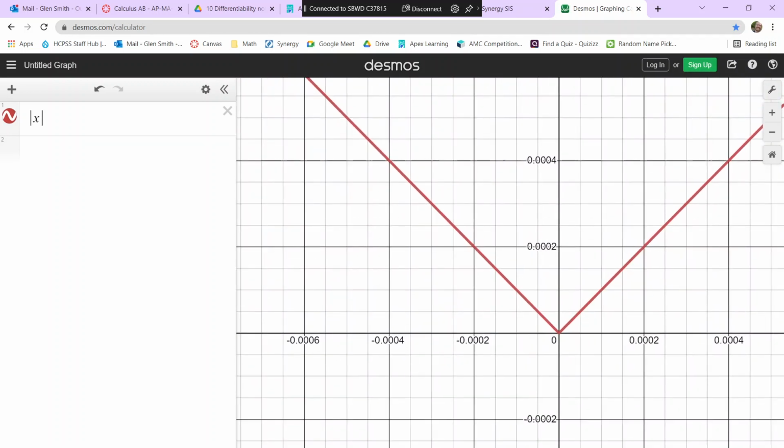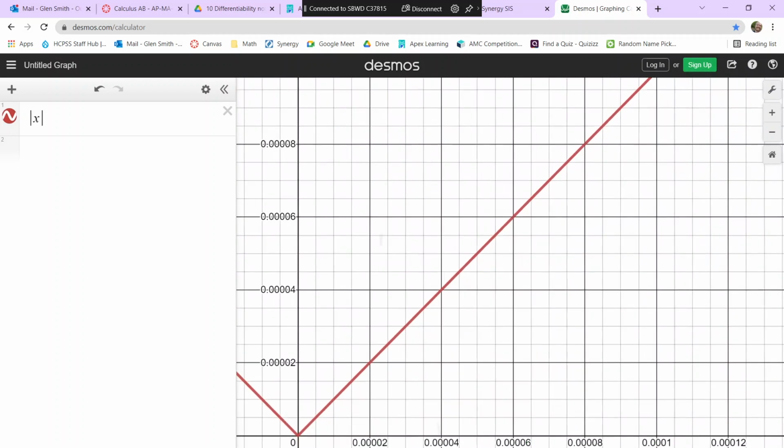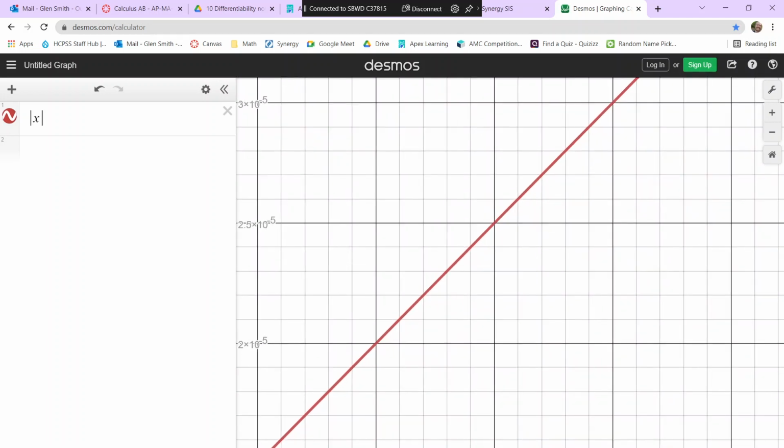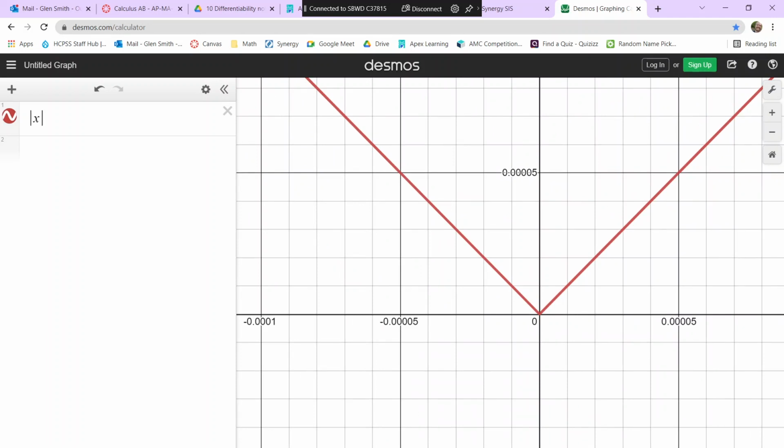You see how that's called a corner. We'll explain that in a second too. But that's what I mean by something not being differentiable, or not looking like a line when you zoom in on it. Now notice this. If I zoom in on a point close to 0, eventually, does that look like a line? Yes. So this function is differentiable everywhere except for 0. And if you had to explain why, you would just say because there's a corner.